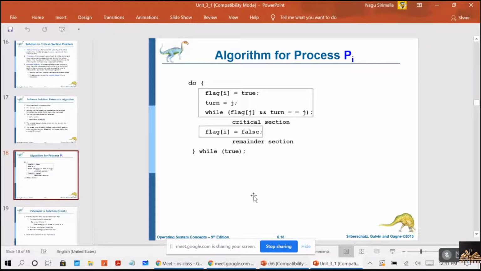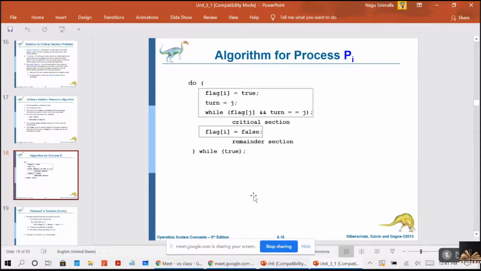Next who will enter the critical section after Pi is Pj. Now while flag of j and turn is equal to j, then wait, otherwise enter into the critical section.